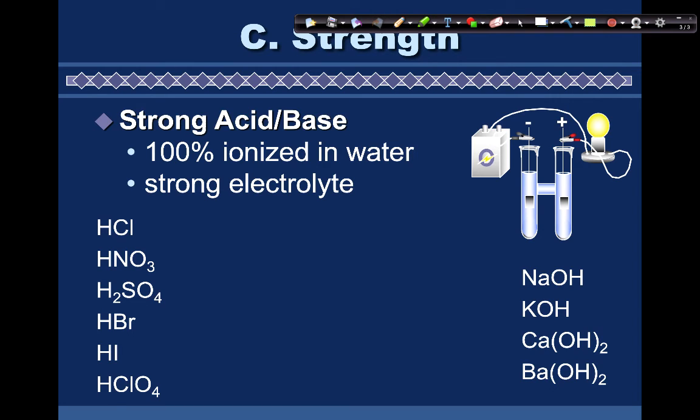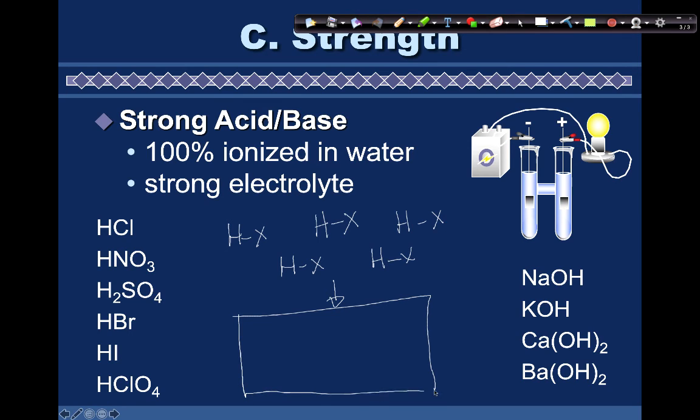So what does it mean to be a strong acid? Let's say that I have this. This is an acid. It's got hydrogen on it. If it's a strong acid, let's say that I have 5 moles of this, and I put this into a solution. Once I put it into my solution, everything will break apart into ions.